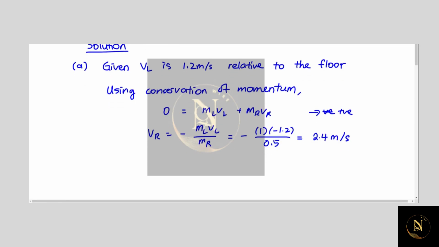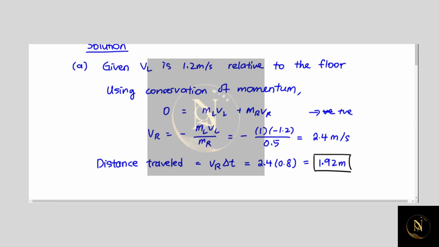The distance traveled by block R is equal to VR times delta t, which is 2.4 times 0.8, giving 1.92 meters. So in part A, block R travels 1.92 meters in 0.8 seconds.